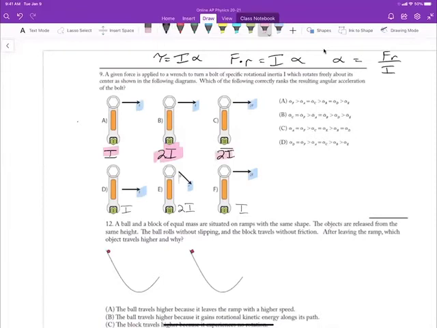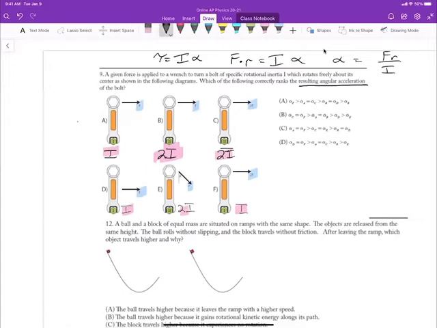So 2I, I, 2I, I. All right, so let's evaluate each location. So again, we want to know which one has the highest angular acceleration, the one that has the largest torque, essentially. And we also have to take into consideration the moment of inertia.